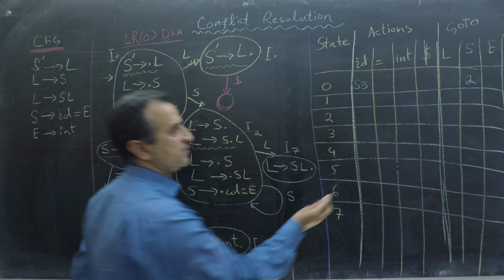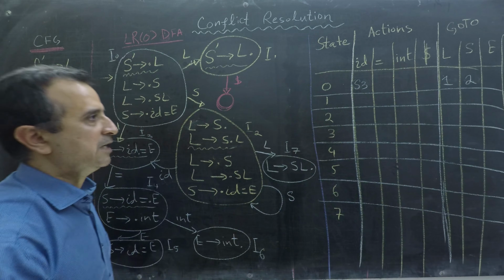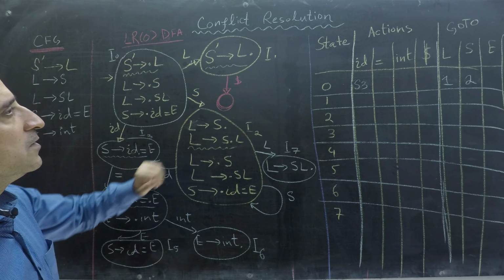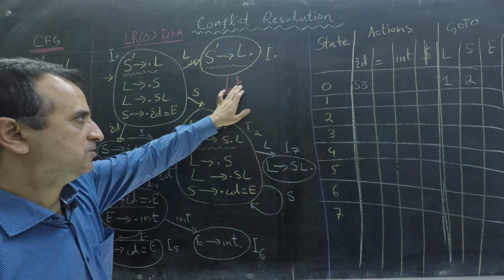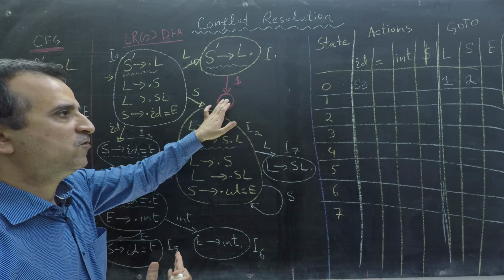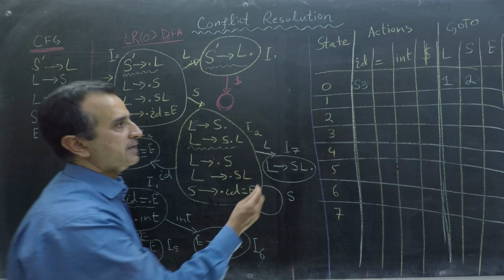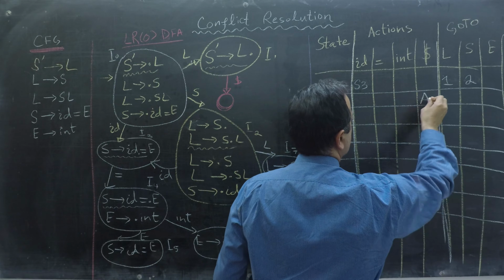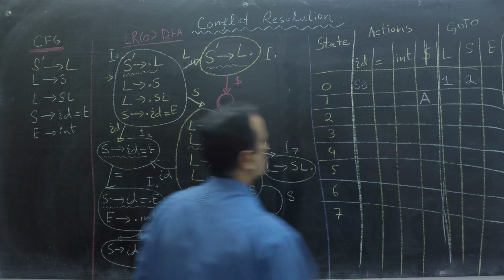So I will write here 1, and so we will fill this whole table in this manner. So from 1 on $, I go to this special final state of my automata. So I will write here accept. This is a special action which basically accepts my input string.